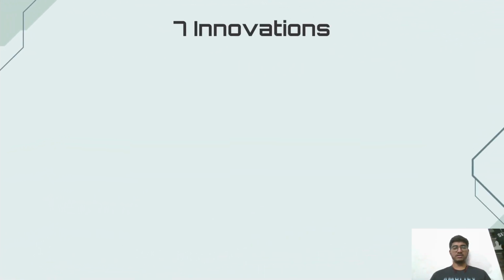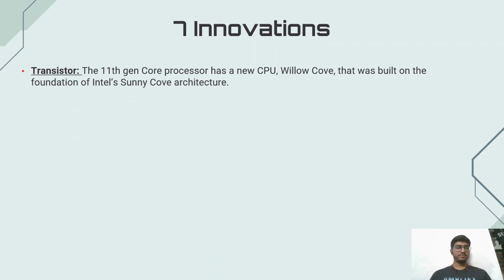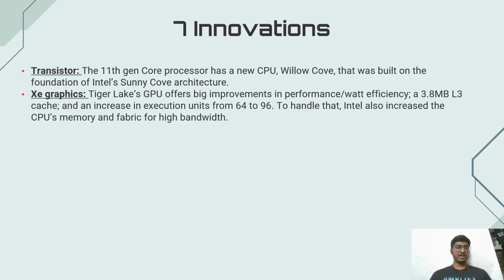So what are the innovations invented in the making of this Tiger Lake architecture? Here are highlighted seven innovations. First is the transistor. The 11th generation core processor has a new CPU, Willow Cove, that is built on the foundation of the Intel Sunny Cove architecture. Second one is Xe graphics.